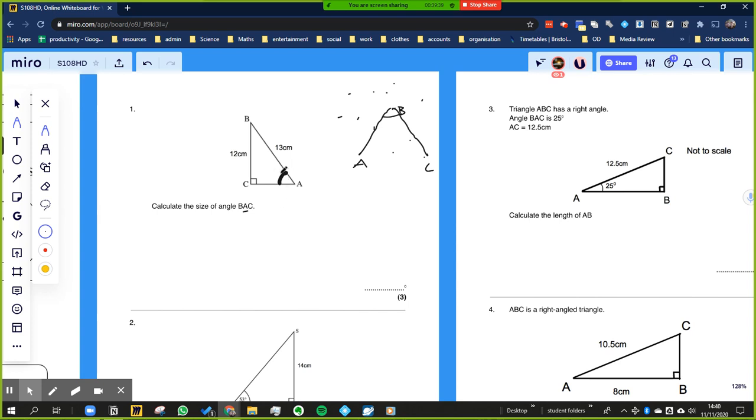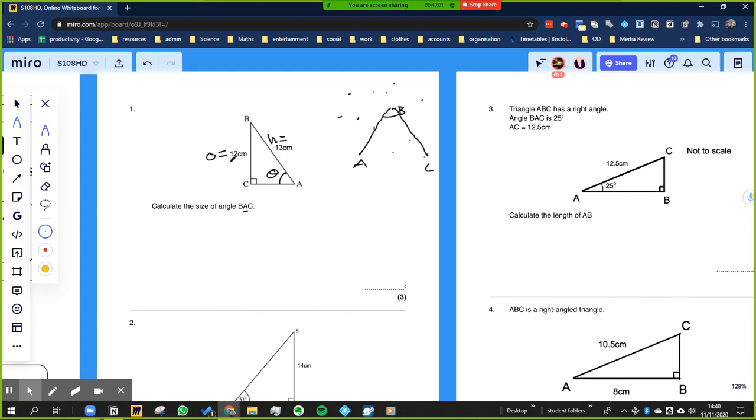Okay, so angle BAC, what is it? Well, that's the theta, that's the angle. The side, this one is opposite the right angle, so that's the hypotenuse. And this is opposite the angle, so that's the opposite. So we look at, what do we have?